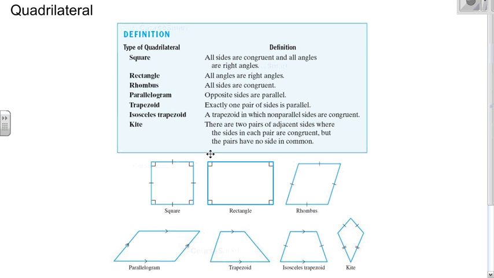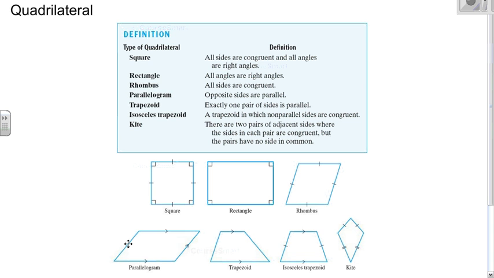A rectangle is like a square, but it doesn't require all 4 angles congruent, or all 4 sides congruent. A rhombus is also kind of like a square, but instead of right angles, the angles can be non-right angles, but the sides are congruent. Rhombus just has congruent sides.